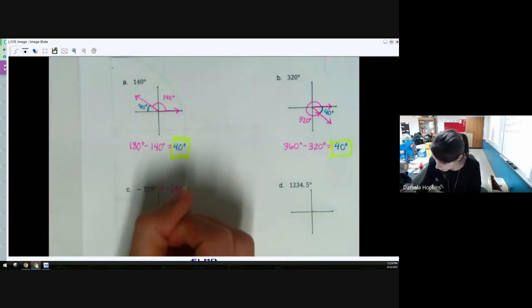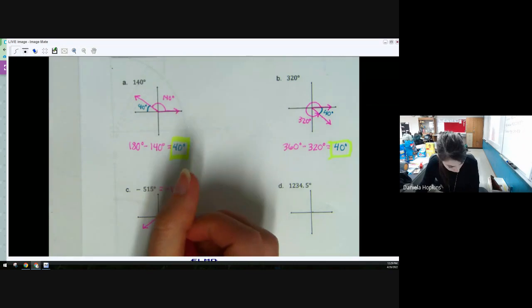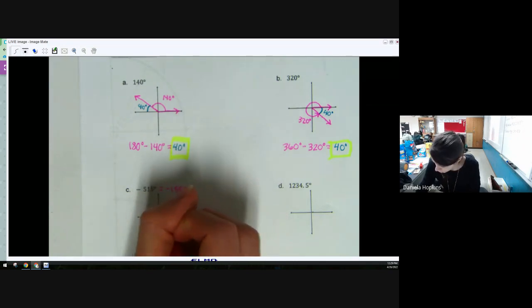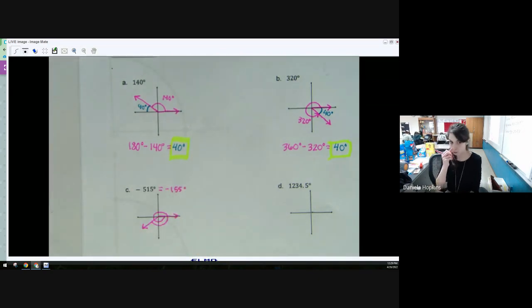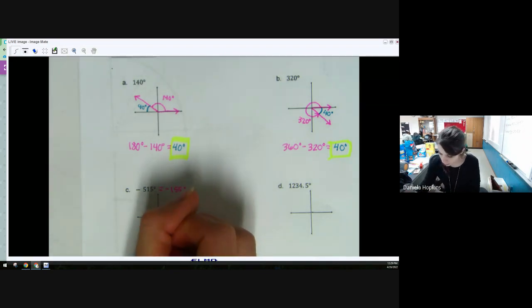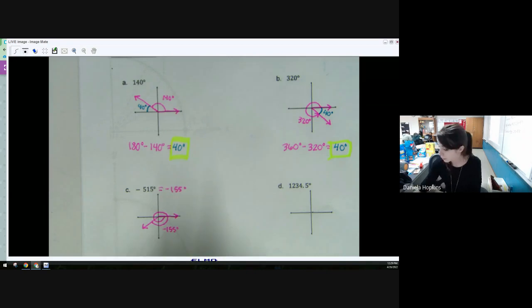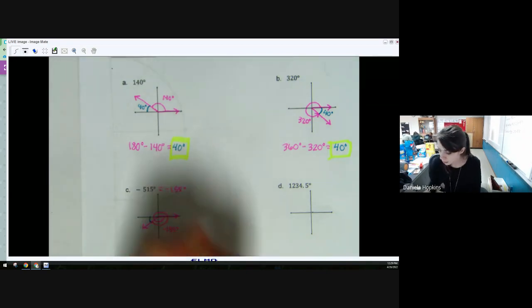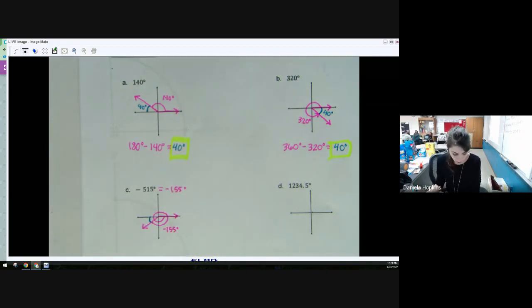So that means I would end up here about, and technically I started here and went through once, twice. We had 1 full rotation. You guys remember doing that yesterday? So this is negative 155 degrees, and this is my reference angle here that I want to find.